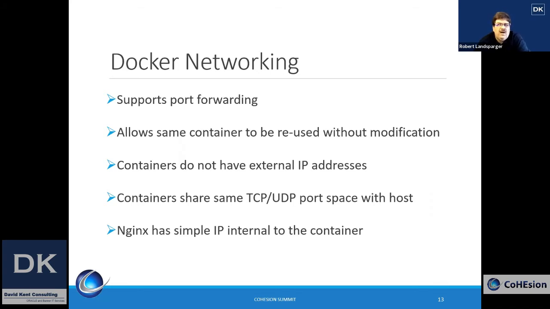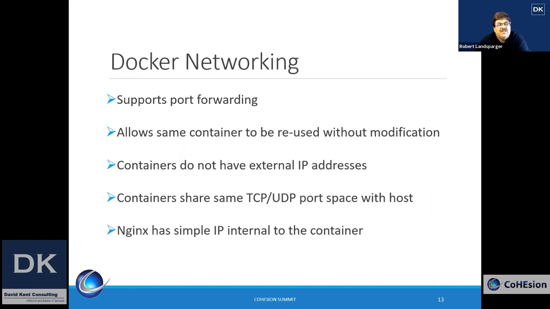So when you fire up Docker, you can tell it that the Red Hat Linux box that's running this, if it gets a request on port 8080, forward it inside this container on port 8080. If it gets a request on port 8090, forward it to port 8080 inside the container. So the container doesn't have to change the port it's listening on.